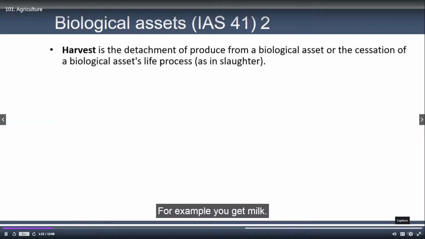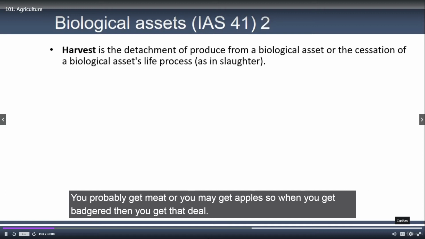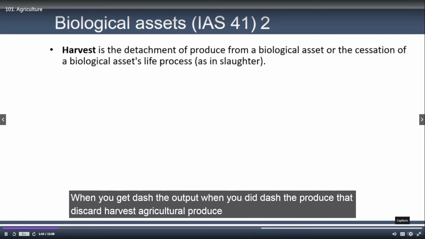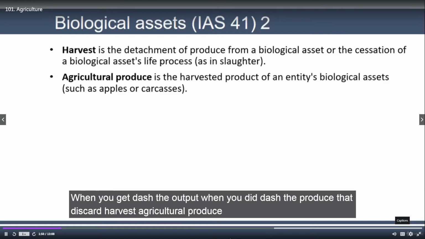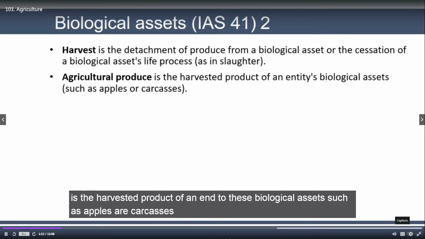For example, you get milk, you probably get wool, you probably get meat, or you may get apples. So when you detach the yield, the output, the produce, that is called harvest. Agricultural produce is the harvested product of an entity's biological assets, such as apples or carcasses.